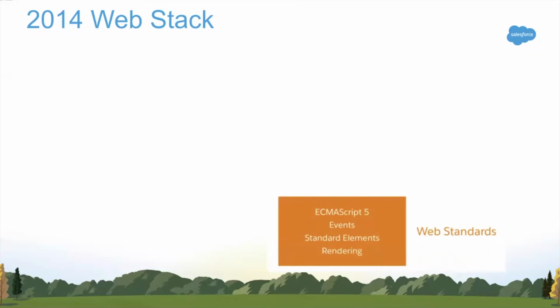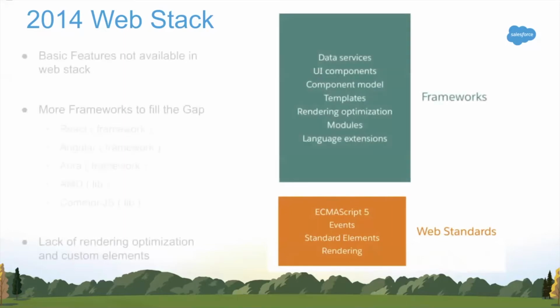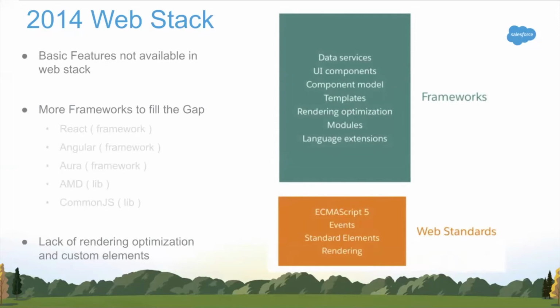What's missing here? There are no data services, no component model and no templates. If you have worked in Angular or React, you might have heard about templates and modules. These are the main topics for any framework.